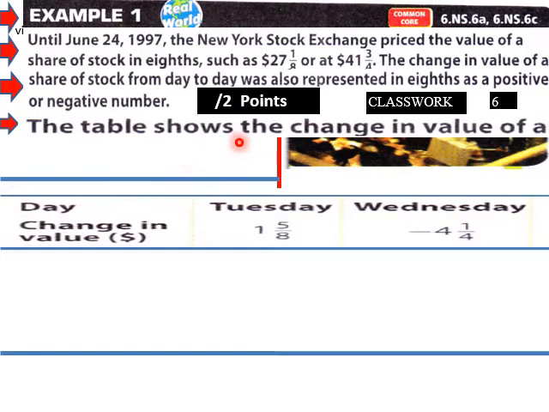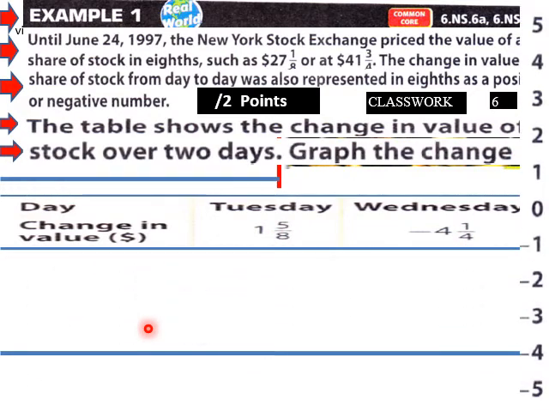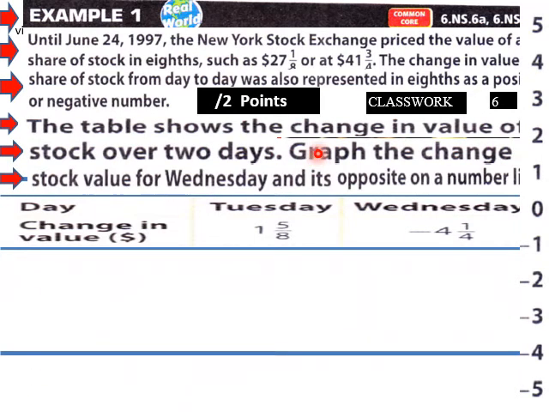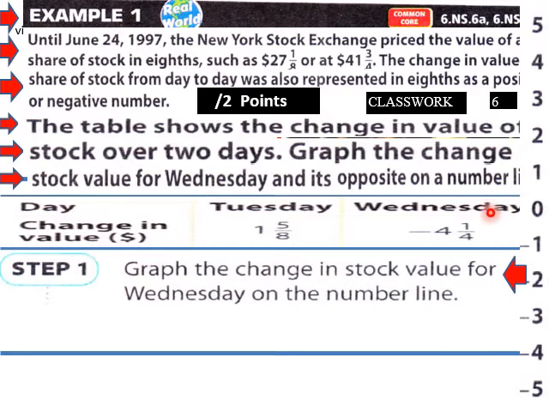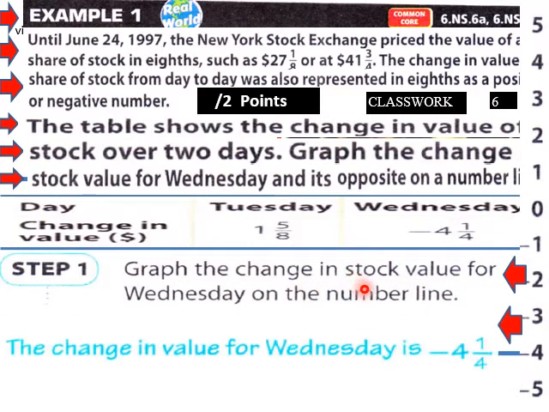The table shows the change in value of stock over 2 days: 1 5/8 and negative 4 1/4. Graph the change in stock value for Wednesday and its opposite on a number line.